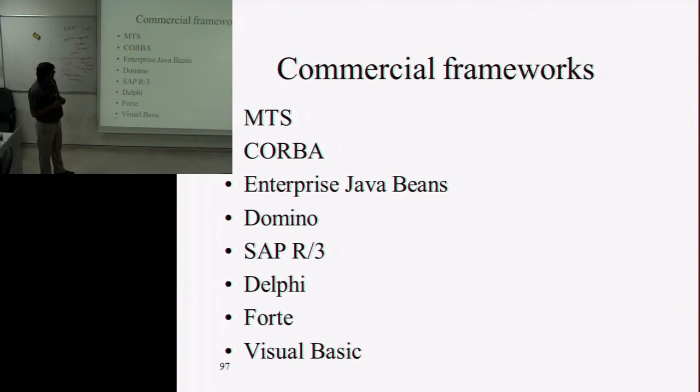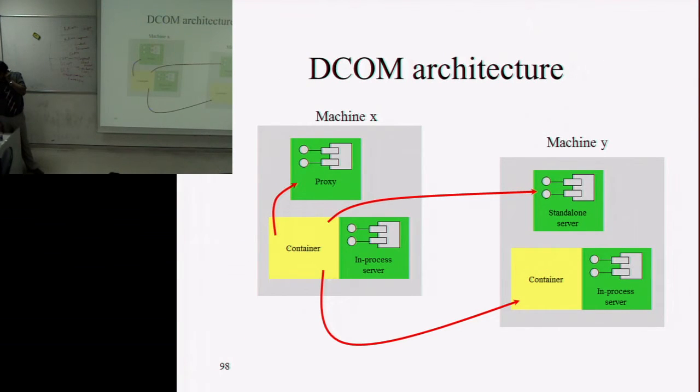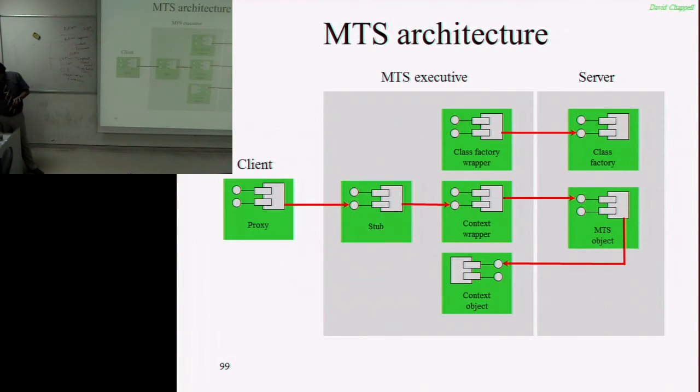So we have commercial frameworks. Microsoft Transaction Server is there, CORBA, Enterprise Java Beans, SAP, Delphi, Visual Basic, Domino. So this is the DCOM architecture, the remote architecture, the remote applications. We have the client side and the server side. This is Microsoft Transaction Server. So we have client, we have server. We have a stub interface to communicate with the server.